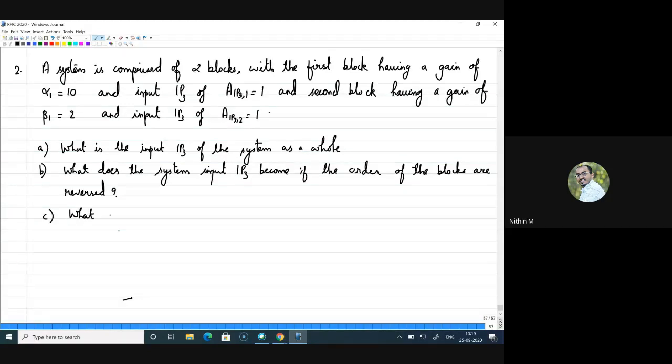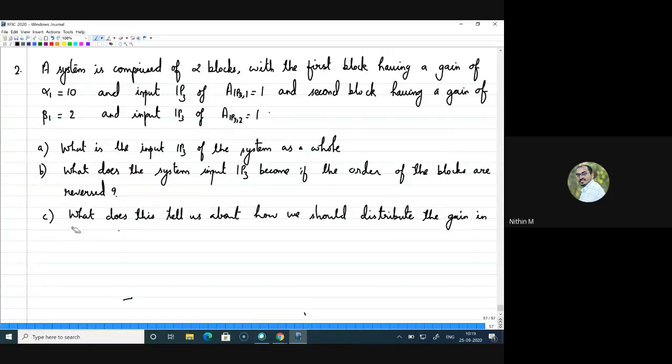And one more, the third part is, what does this tell us about how we should distribute the gain in a system if we want to try and maximize the linearity?